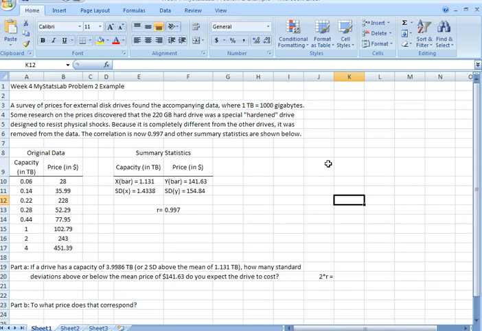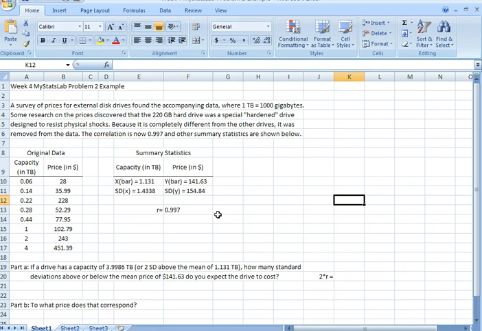Strong positive correlation. So with this positive correlation, this means that the capacity of the 3.9986 terabyte drive is above the mean capacity, and therefore the expected price will also be above the mean price.